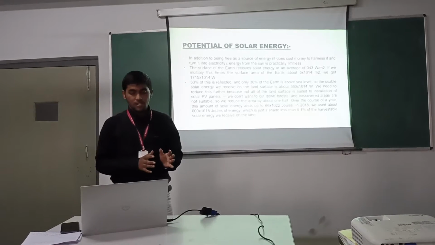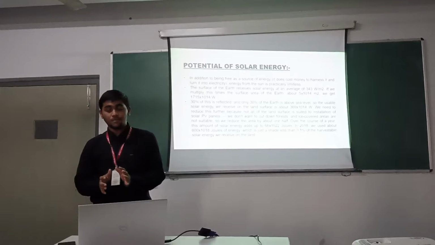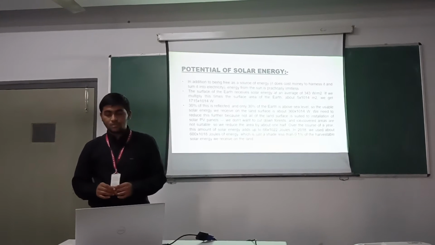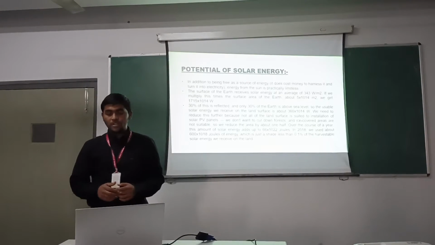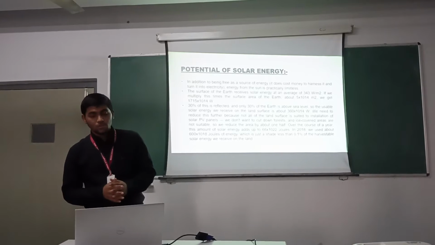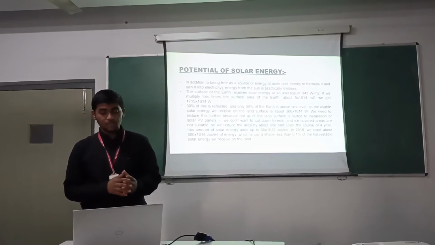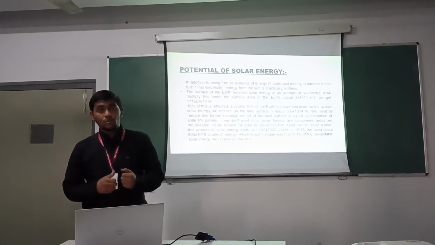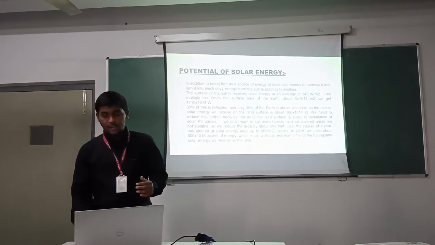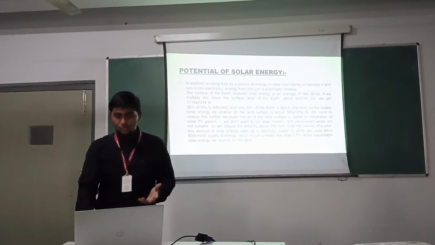So the usable solar energy we receive on the land is about 360 × 10^14 watts. We need to reduce this because not all of the land surface is suited to installation of solar PV cells. We do not want to cut down forests, and ice-covered areas are not suitable.